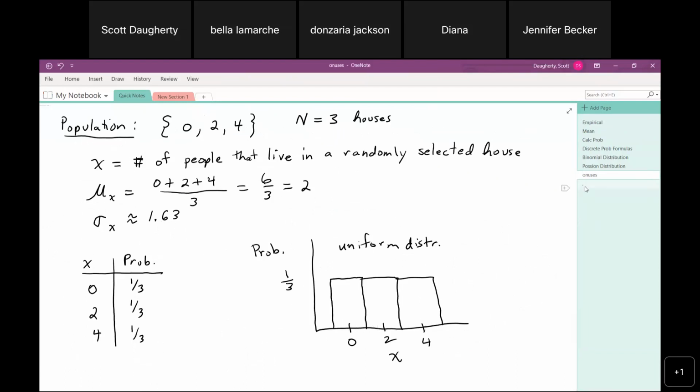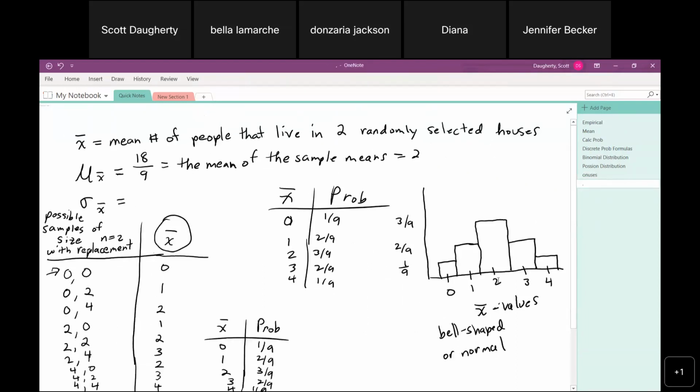Compare that to what's happening down here. 0 happens, but it only happens 1/9 of the time. So it happens less often. It's still 2 away, but it only happens 1 out of 9 times. It doesn't happen 1 out of 3 times. So I think there's less variation here, right? 1 happens 2 out of 9 times.